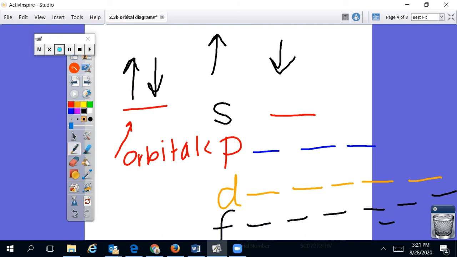Okay? So we are going to use those lines to represent orbitals. The arrows are going to represent electrons, and the 2 different directions, up or down, will represent the spin. So that's how we're going to draw orbital diagrams, but we're still going to read the periodic table like a book.